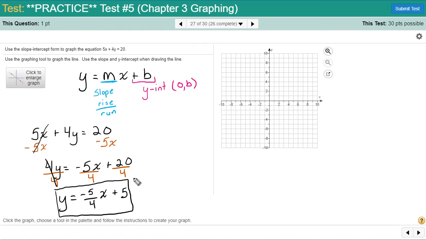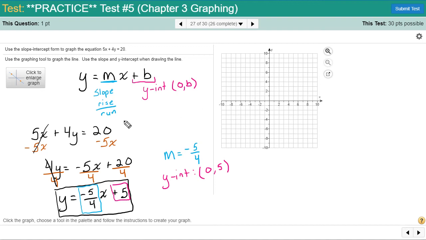Based on this equation, we can see that our slope is negative 5 over 4, and that comes from right here, the coefficient of x. And the y-intercept is our point 0, comma, positive 5. And that comes from right here.